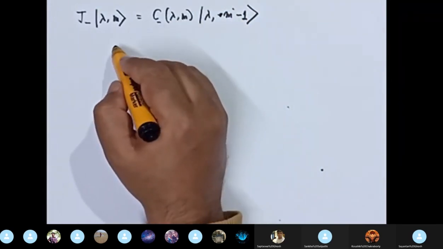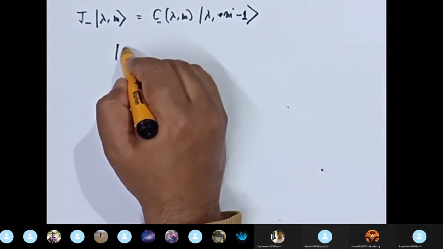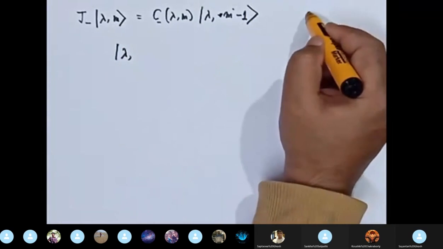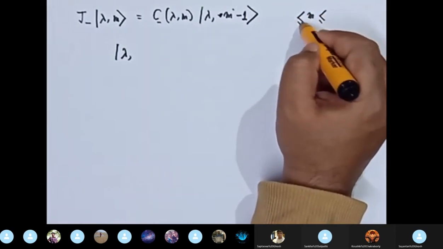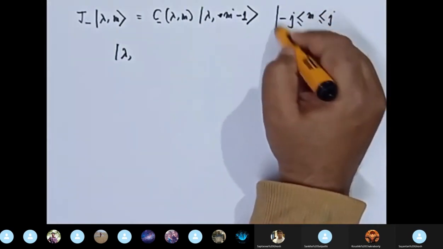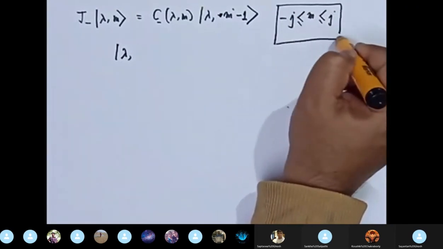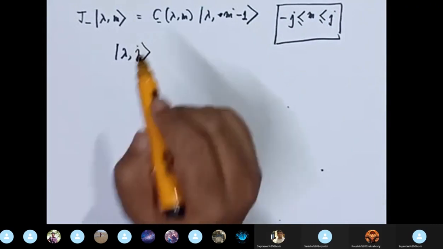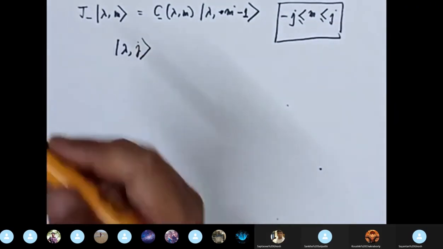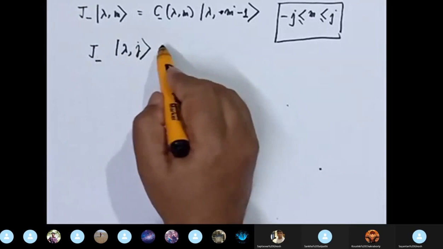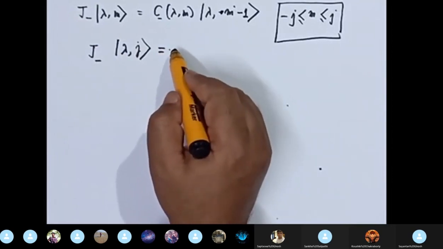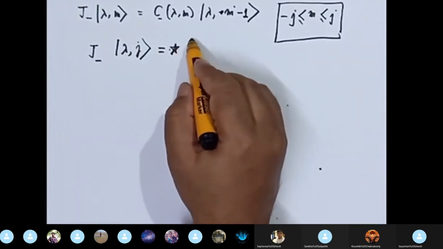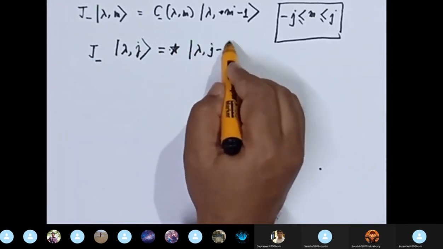So if we take this lambda and these m values which are now bounded between J and minus J, clear? It is the maximum value, it is the minimum value. So if you take this and operate this, what will be the result? Some constant into lambda J minus 1.